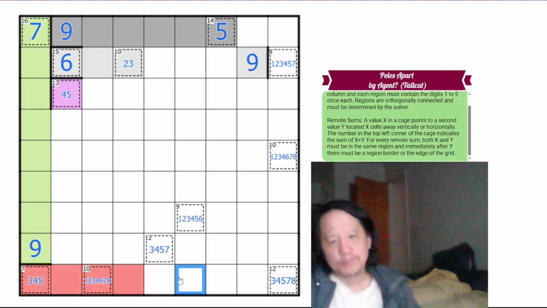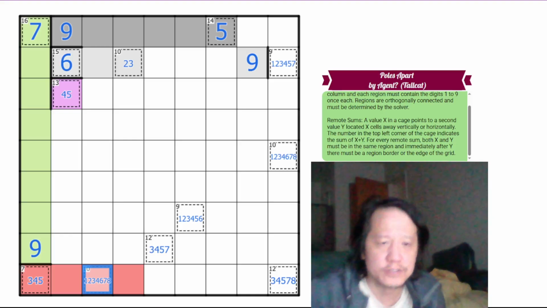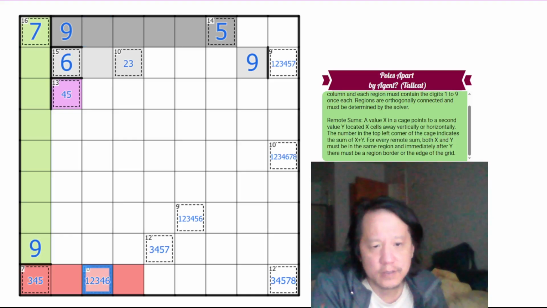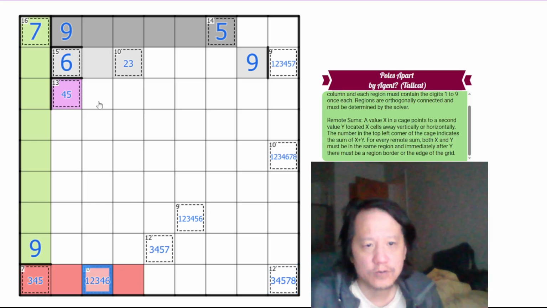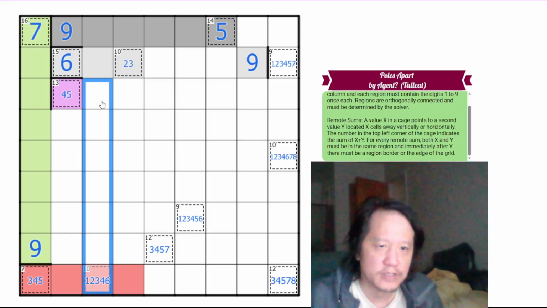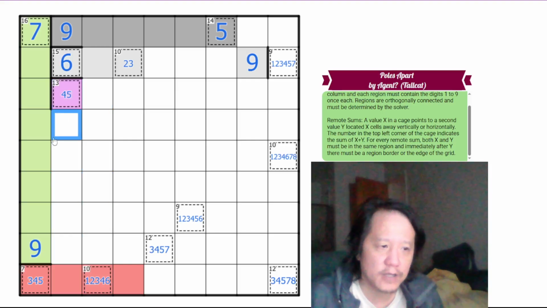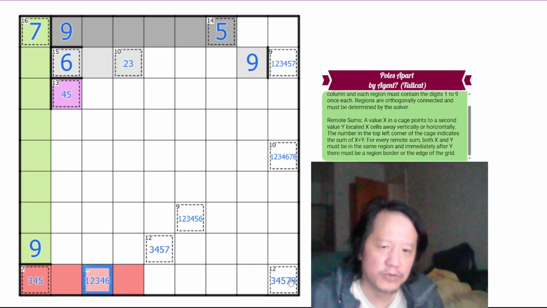Okay. This can no longer go 8 away, because these are separate regions. It cannot go 7 away. It could go 6. 1, 2, 3, 4, 5, 6. Or 6 this way, but no. Cannot go 6 this way, because if it does, pink is blocked in and can't be a region. So 6 this way would force this to be 4.